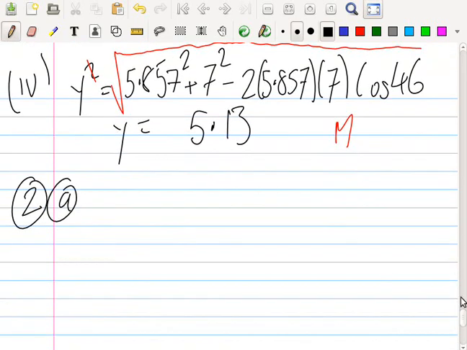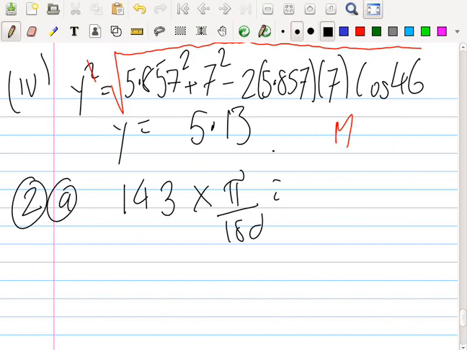Okay. How do we change 143 degrees into radians? Pi over 180. Right, so what do you get there? Doesn't simplify.